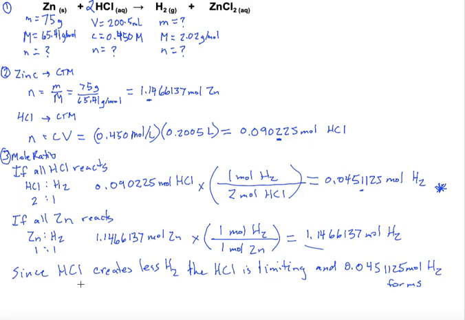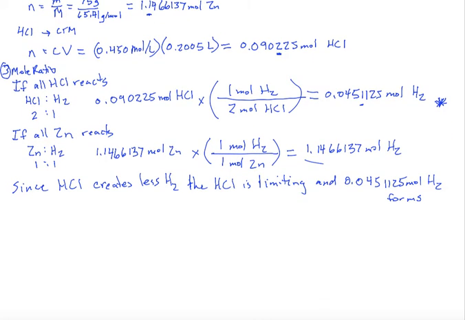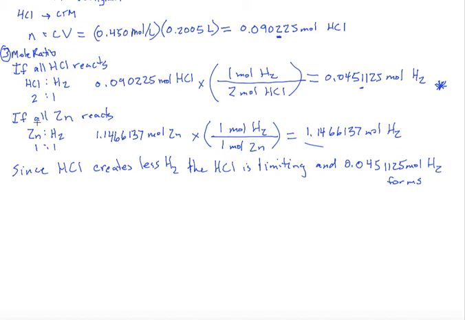So the last step, when we're going to solve this problem, is to find that mass, right? We want to find that mass. So we're going to get to the fourth part of this problem, which is find mass H2. So mass is just moles times molar mass. Our moles was 0.04511125 moles.